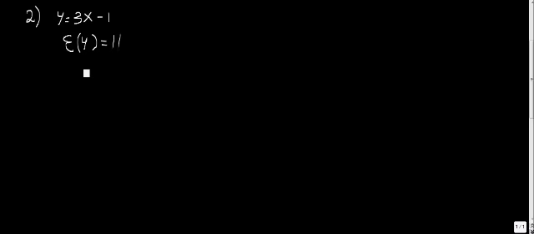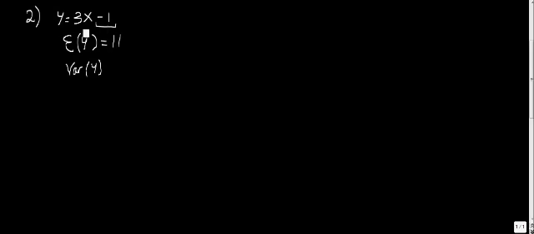Now, when we're trying to find the variance of y, that's not so easy. The variance of y is all about the deviation of y, and that's not going to change with this minus 1, because that's done to all the numbers in the same way.